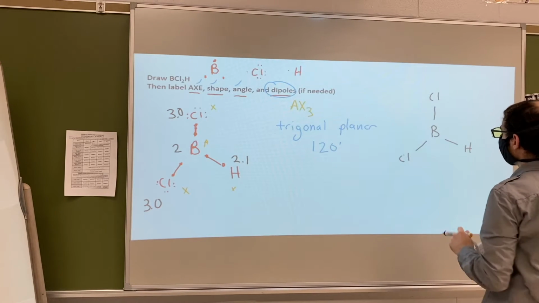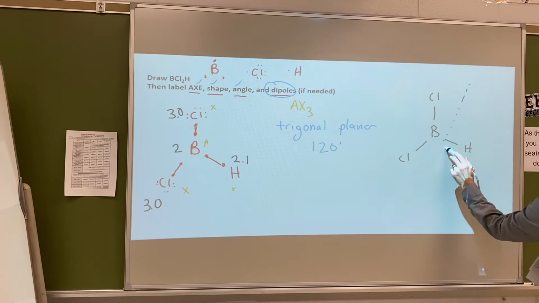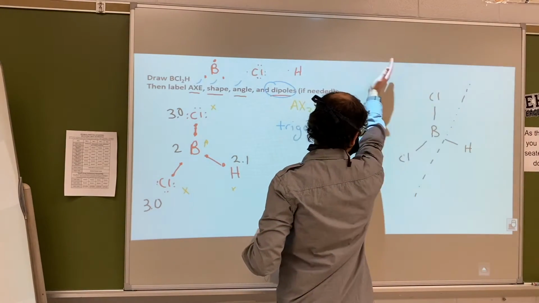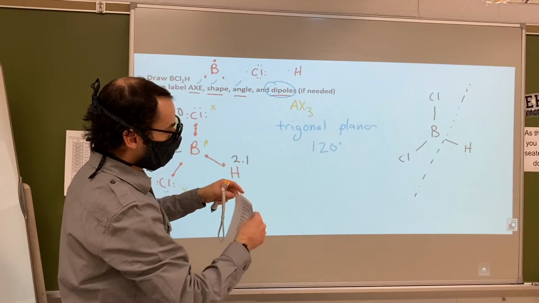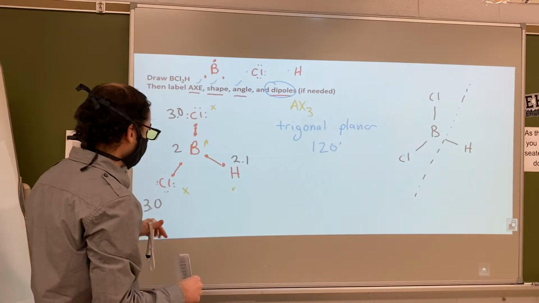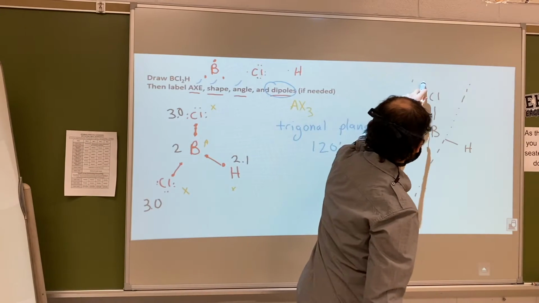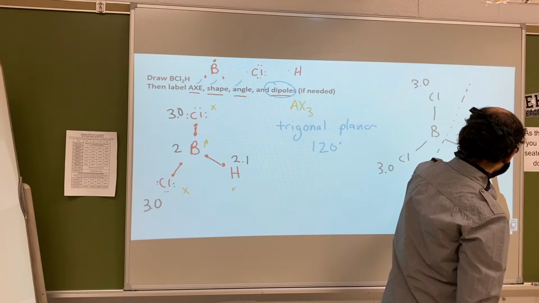But if we just kind of look at this, you can kind of cut this molecule in half and say that there's one side of it up here that it's all like the chlorines, and then the other side, the hydrogen, is over there. And when you do that, you can see that the chlorine numbers are higher. So this is 3.0, this is 2.1.